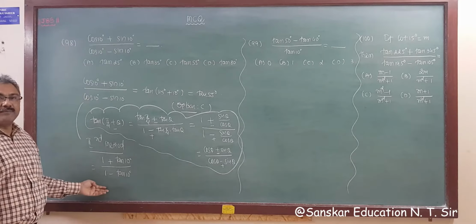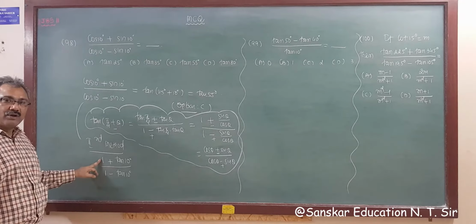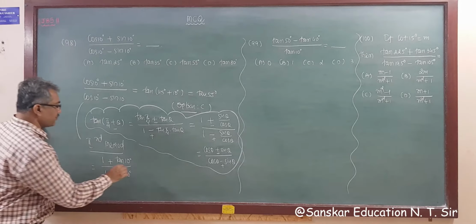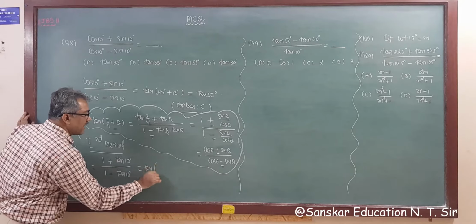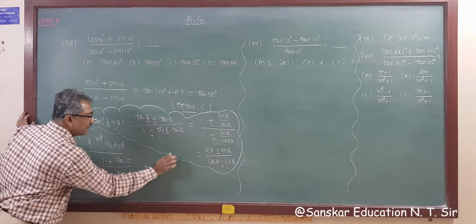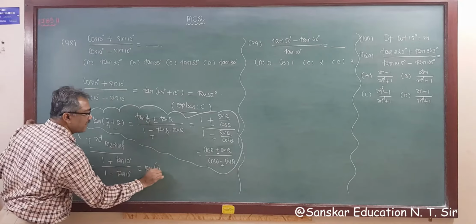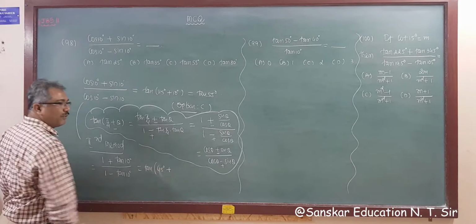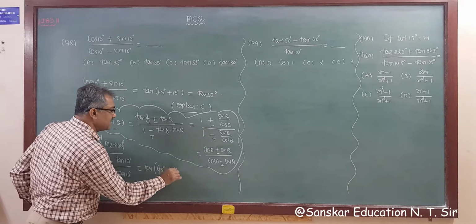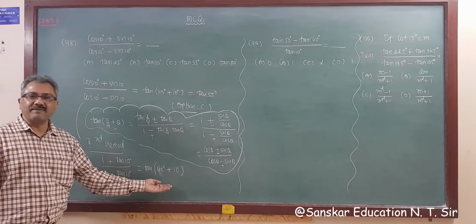So this is nothing but, you have to remember, this is pi by 4 plus theta. So this is tan pi by 4, either 45. Here it is given in degree measure, so I am writing in degree measure: pi by 4 plus theta, theta is 10 degree. So your answer is tan 55.